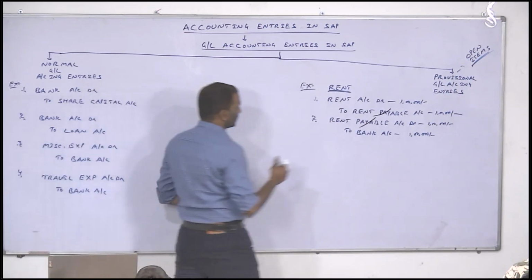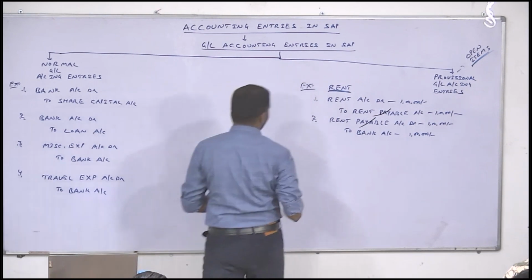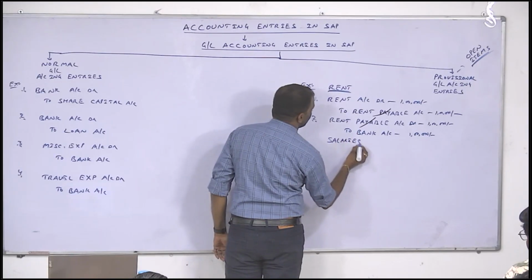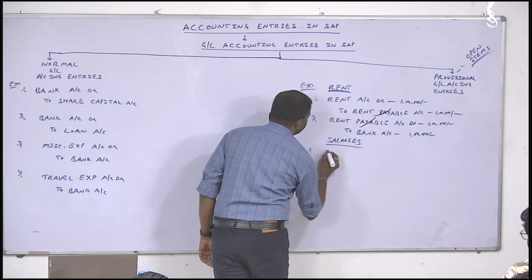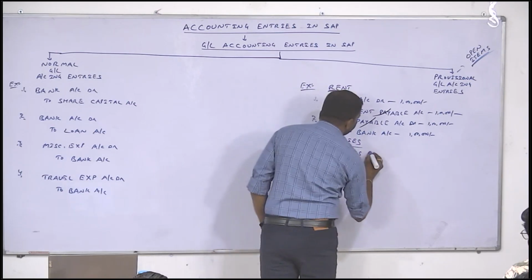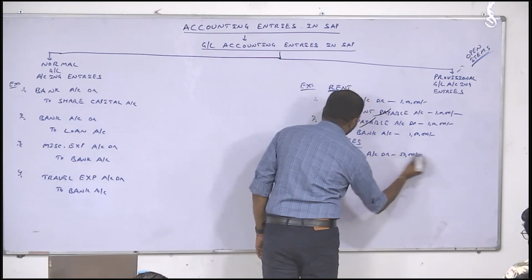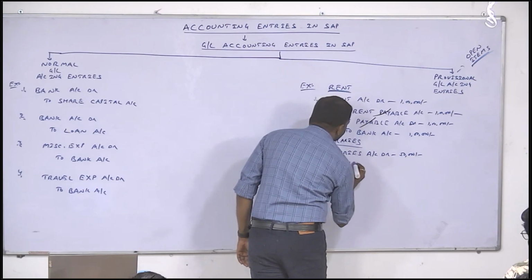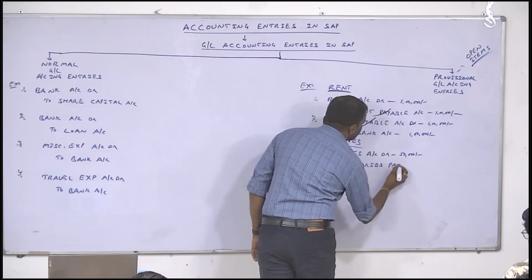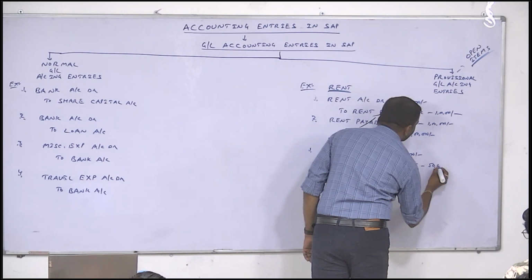I will take a second example. Salaries. What is the accounting entry? Salaries account debit, just assume it is 50,000, to salaries payable, 50,000.